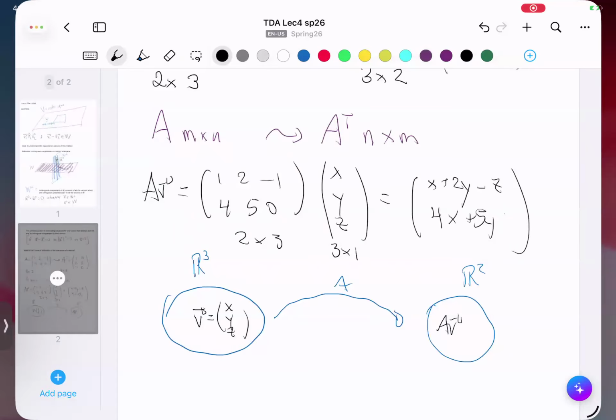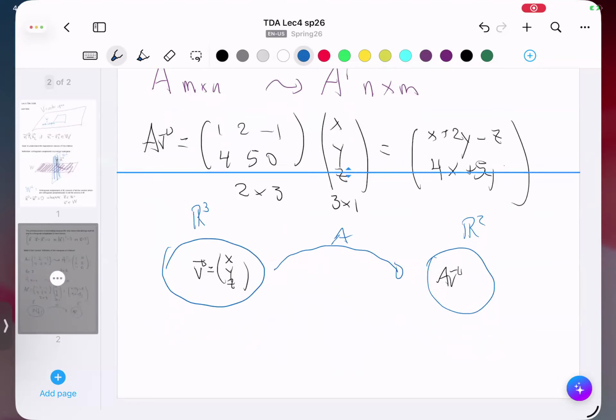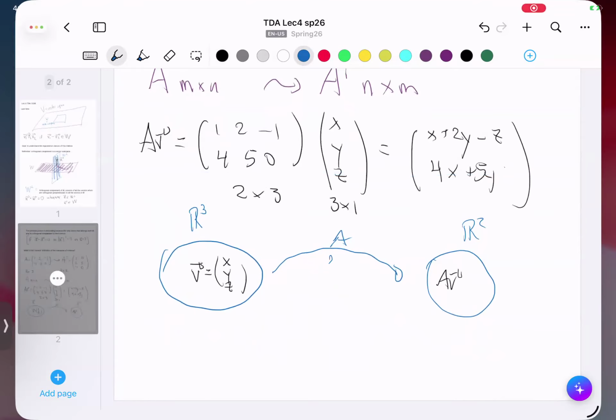And in fact, if you think about it in the general case, and again, this was for a 2 by 3 matrix, it's kind of confusing at the beginning, but when you have an M by N matrix, if you want to do the matrix multiplication with a vector, then you have to do an N by 1.